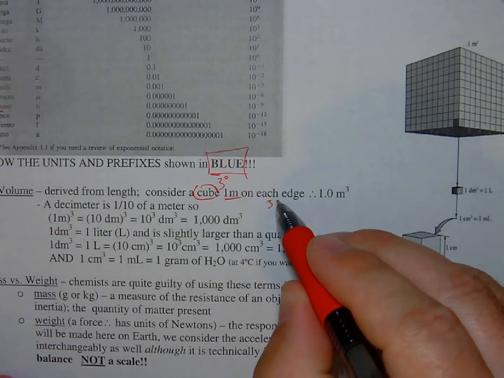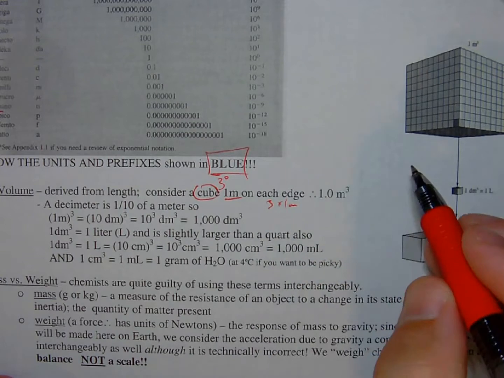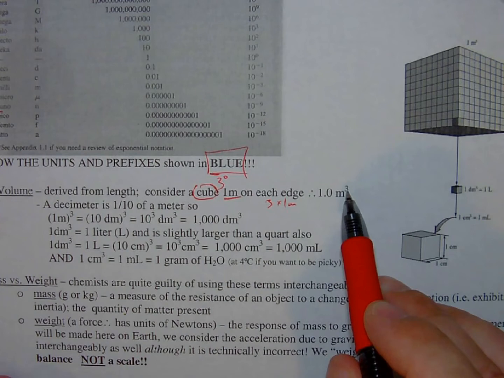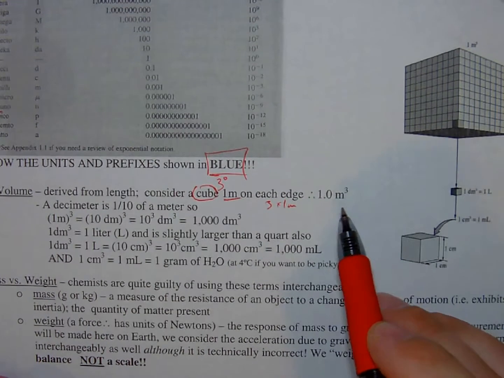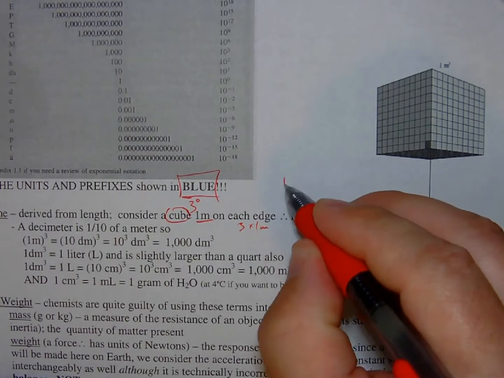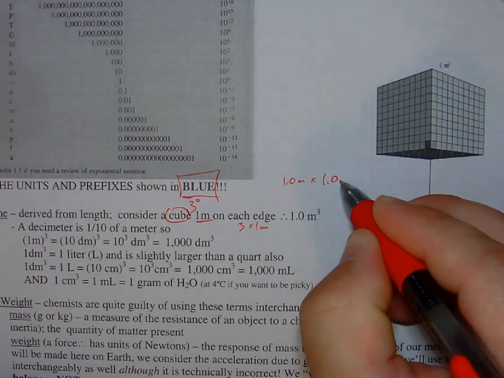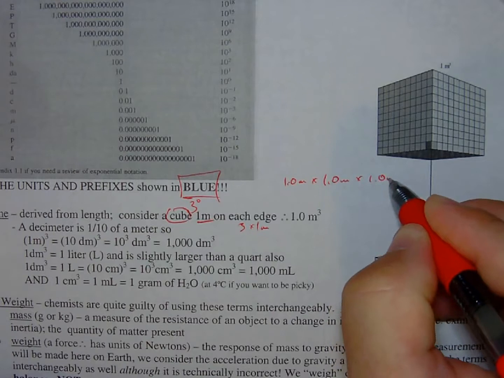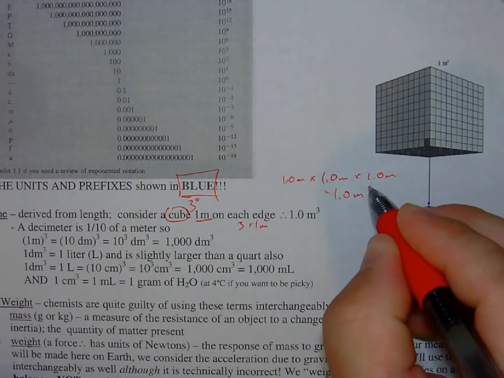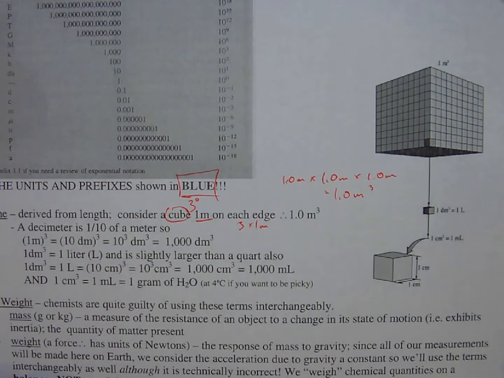Each edge is 1 meter. And so that creates a 1.0 cubic meter. So this is 1.0 meters times 1.0 meters times 1.0 meters. That creates 1.0 meters cubed. That's fair enough.